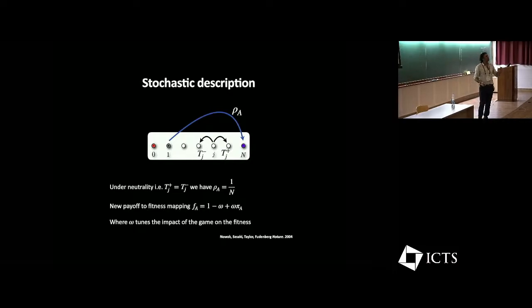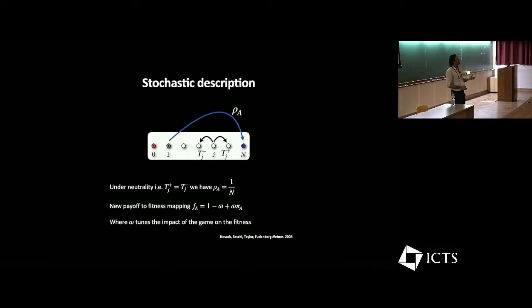It kind of tunes the impact of that game on your fitness. Another way of looking at it is that you might be playing several different games, right? And each game contributes only a little bit to this fitness. Maybe some games contribute more, some games contribute less, and you can tune the impact of those games onto your fitness by some parameter. And that's what this argument usually is.